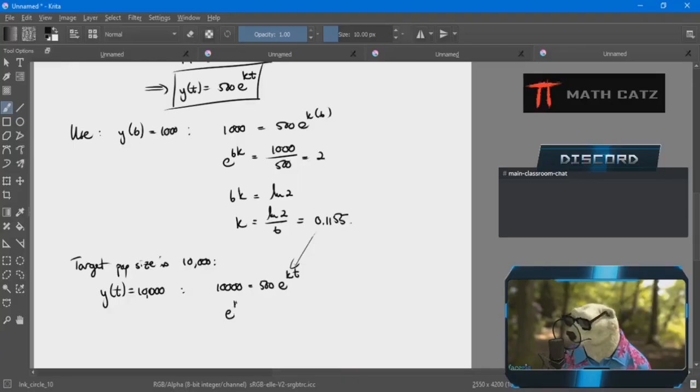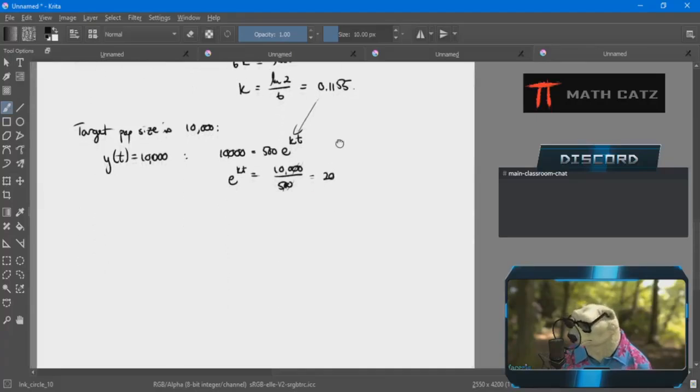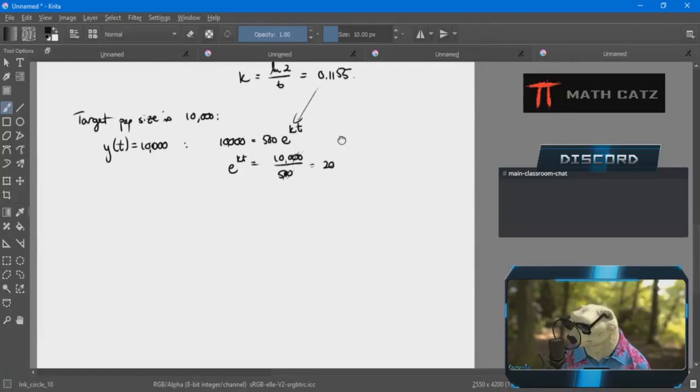So e to the kt is 10,000 over 500, which you can simplify if you want to. Some zeros cancel out. I get 20. So kt is natural log of 20. So t is what I'm trying to solve, log 20 over k, which I do have.